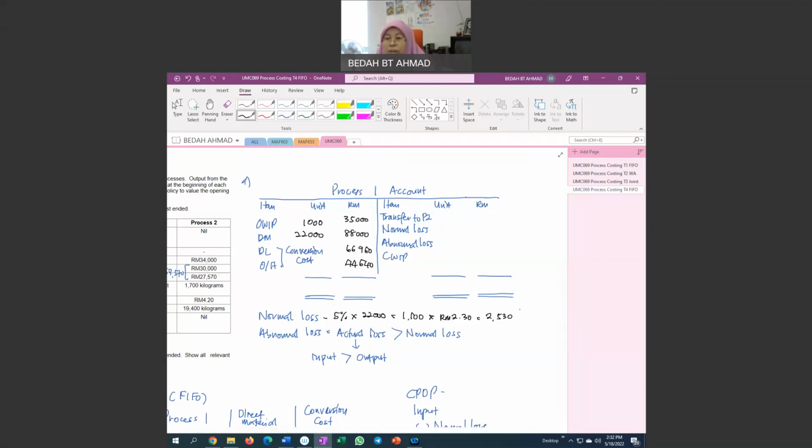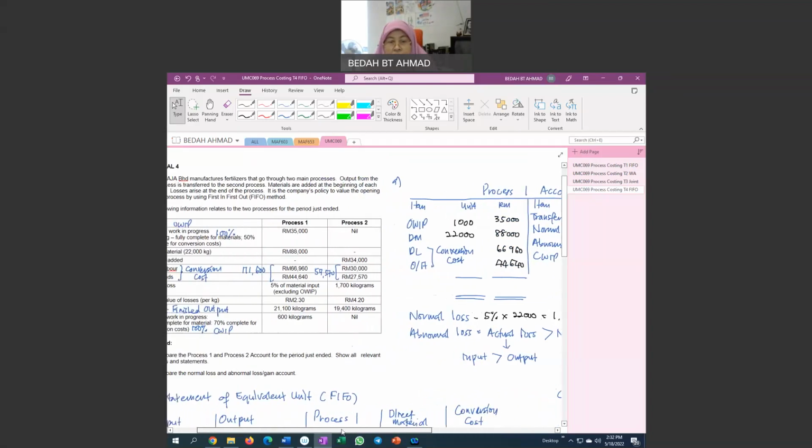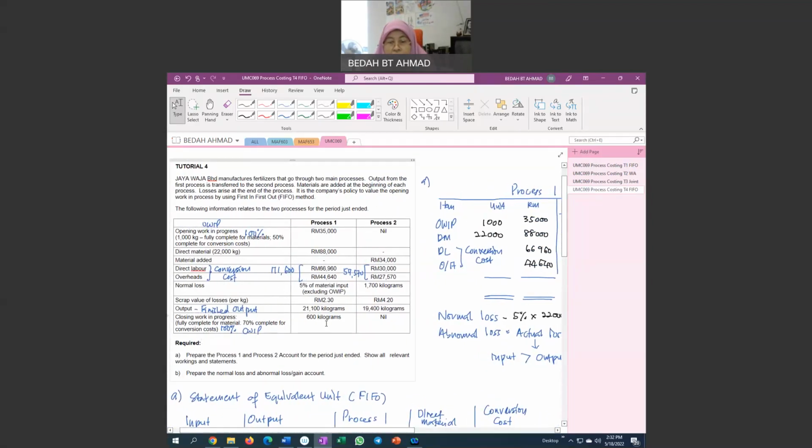Okay, now we can record the normal loss unit as 1,100 and the value is 2,530 units. The closing work in progress is given in the questions as 600 units, 600 kilograms.